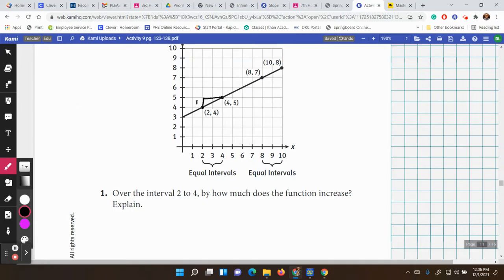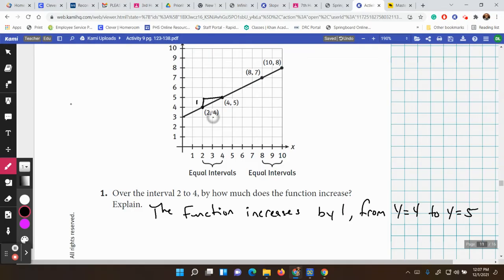So what we say for that one is that the function increases by 1, and that is from y equals 4 to y equals 5. It goes from when y is 4 to when y is 5.